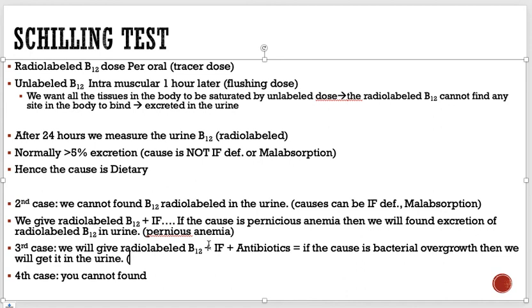Bacterial overgrowth, if I give antibiotics. And if you cannot find any in the urine even after giving this, then what is the cause? It is some irreversible malabsorption.